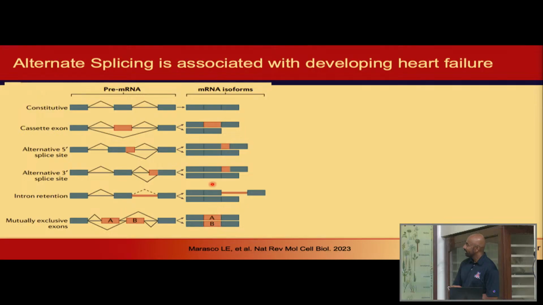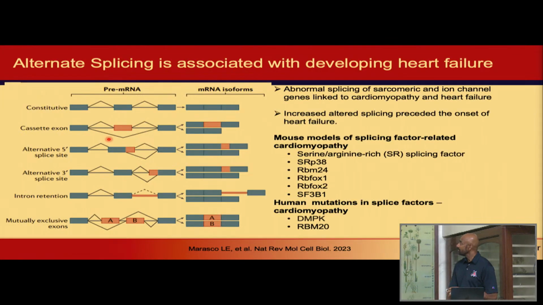These are the various types of altered splicing. We know from the literature that if anything changes in these, and also mouse models with altered RNA binding proteins, can lead to heart failure.